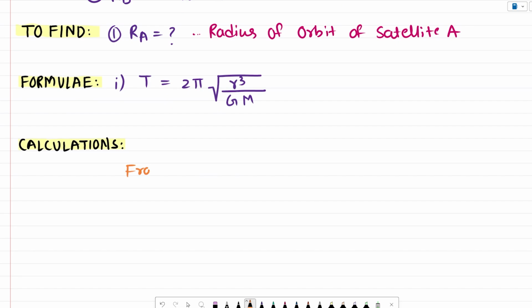So from the formula, first, we can establish a relationship between the time period and the radius of the orbit.